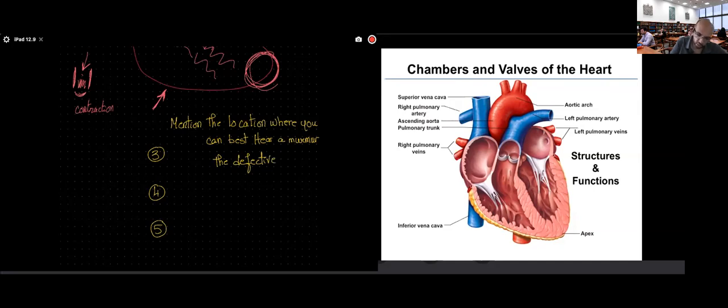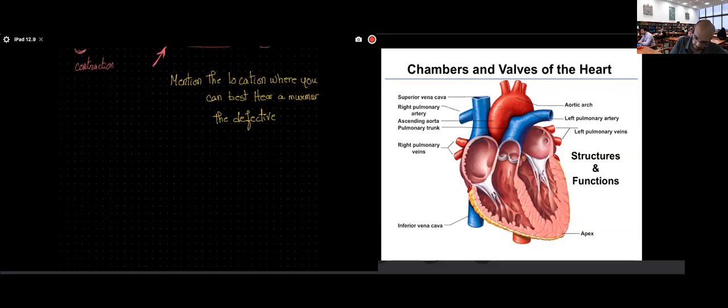and you got number 3 here. It's going to be the mitral valve. Number 4 is going to be the tricuspid valve.